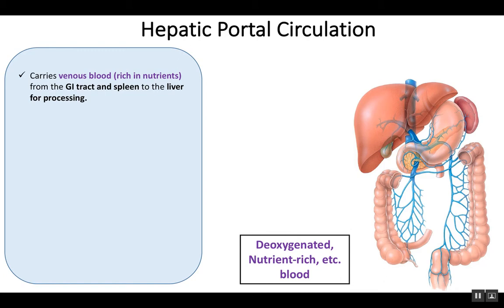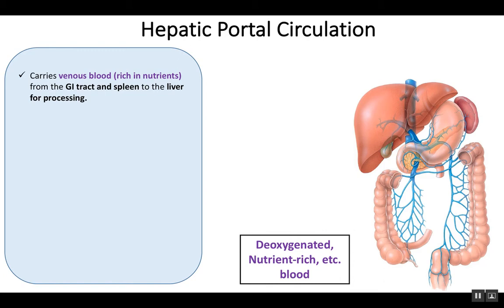So when you ingest, digest, and absorb nutrients from your food, those nutrients enter the bloodstream, or at least most of the nutrients do. This blood is therefore going to be rich in nutrients. It might also contain other things from your diet, like toxins or medications.